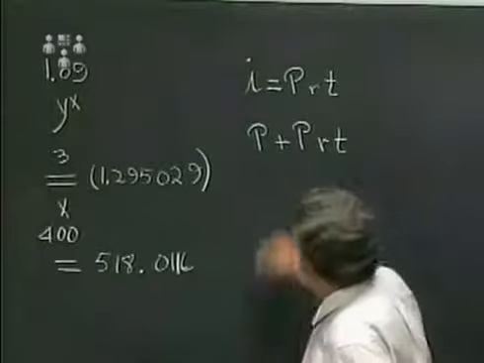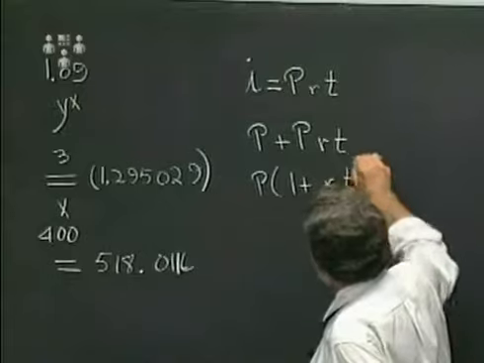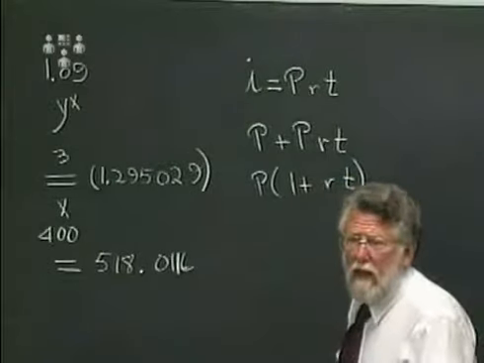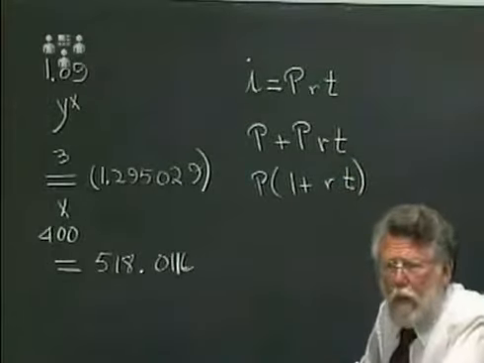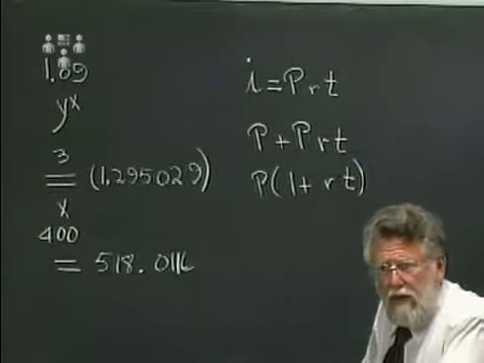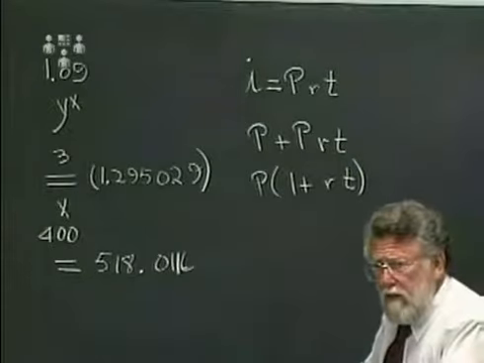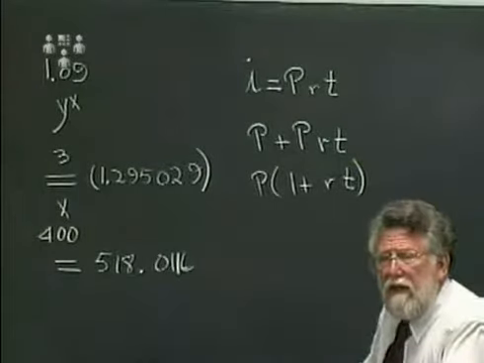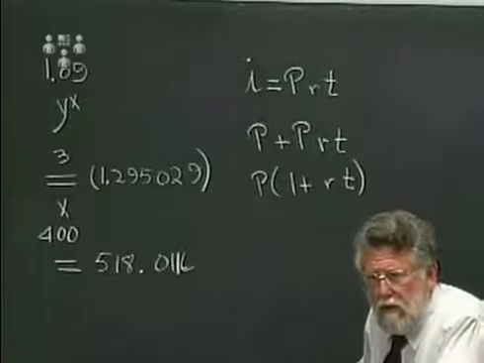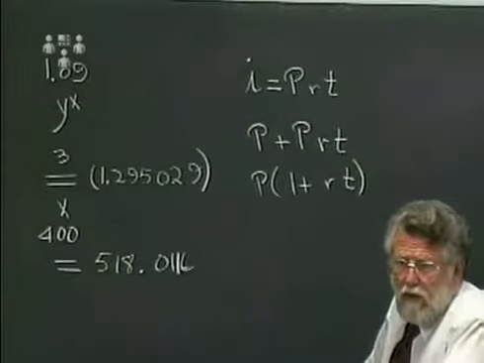But if I do it in terms of the distributive property, and I look at this now in something like a quarter of a year, quarterly compounding every 3 months, then this T is no longer 1 as it was annually. If I did it each year, the T was 1. If I do it for a fourth of a year, then T is 1/4.